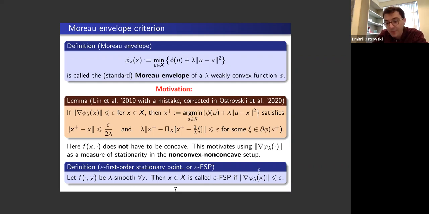Let me give you the definition. I call a point epsilon-stationary in a min-max problem with primal function phi of x, without assuming convexity or concavity, but only assuming lambda-smoothness of the functions f of x, y for any y, if the gradient of the standard Moreau envelope is at most epsilon in norm.